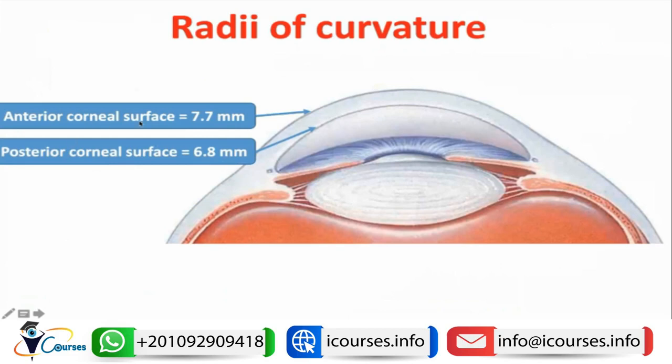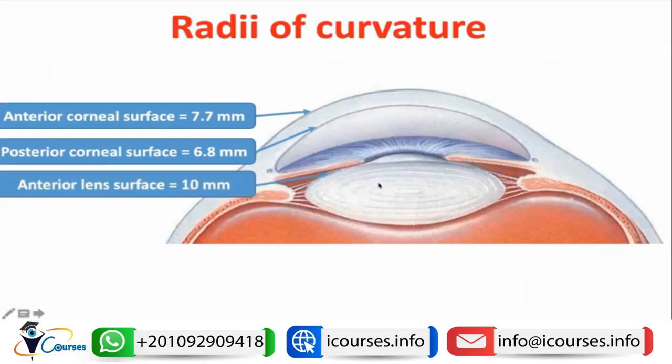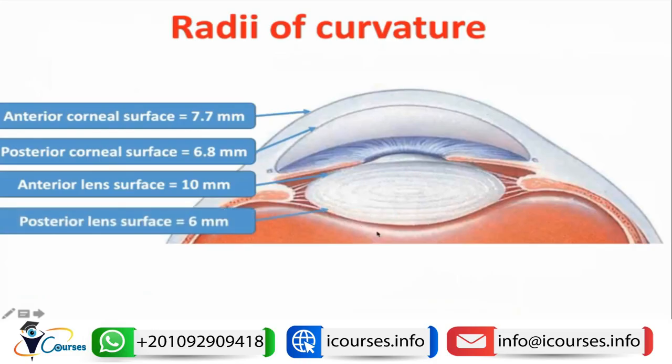The radius of curvature of the anterior lens surface is 10 millimeters, but since it is less curved than the posterior lens surface, the radius of curvature of the posterior lens surface is smaller. So again, the anterior corneal surface is less curved and has a larger radius of curvature than the posterior corneal surface, and the anterior lens surface is less curved and has a larger radius of curvature than the posterior lens surface.